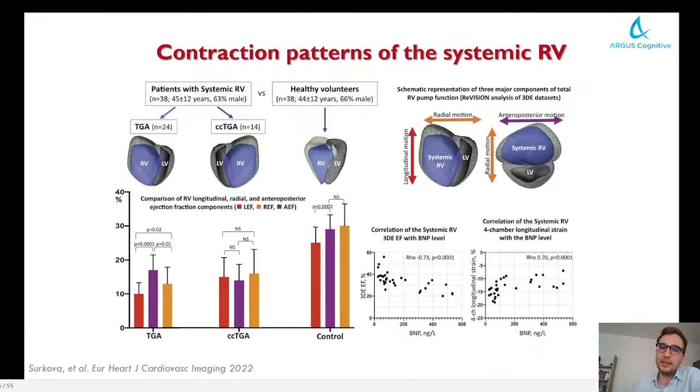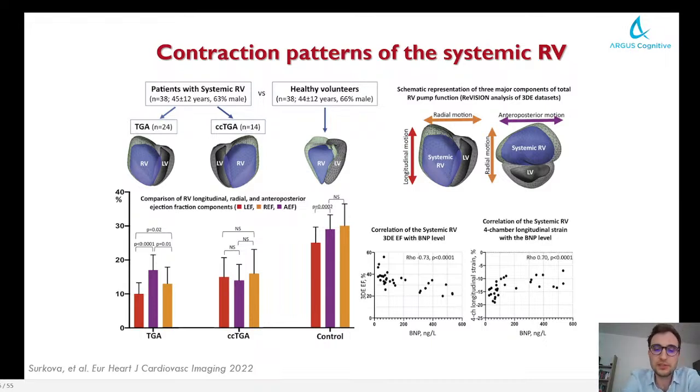One of the, let's say, pinnacles of congenital heart disease is maybe the patients with systemic right ventricle. So transposition of the great arteries and congenitally corrected transposition of the great arteries patients. In a collaboration with Royal Brompton, we have examined this patient population.